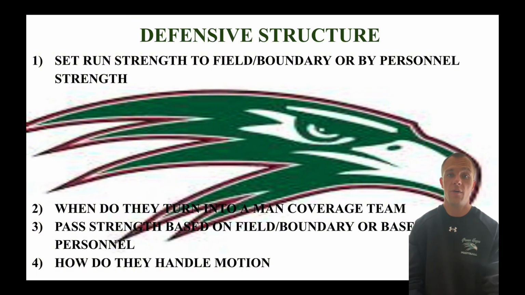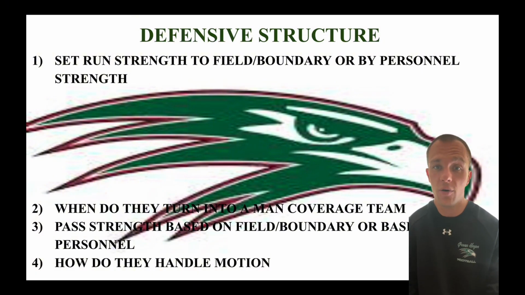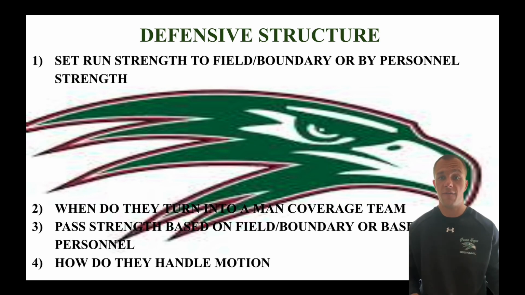If you're putting a formation into the boundary and your run strength to the field, and teams are saying they're a field coverage, or how they're setting it up is two different ways, then you might be able to get that advantage. You put your formation into the boundary, and they're going to keep their DBs to the field because they're willing to give up that boundary, but then they're setting their run strength based off of yours.